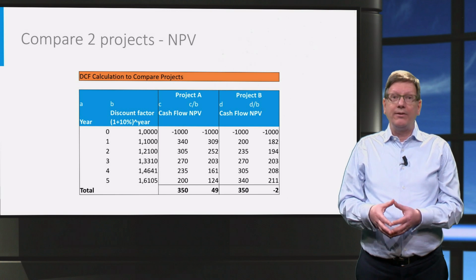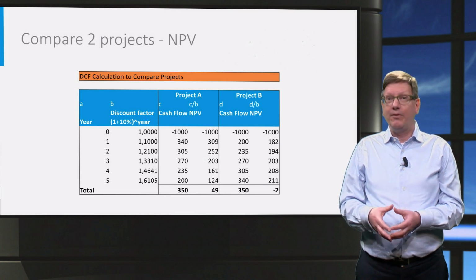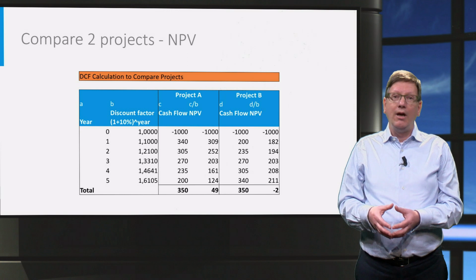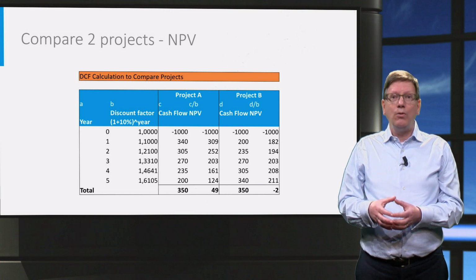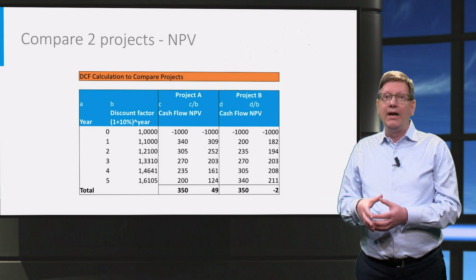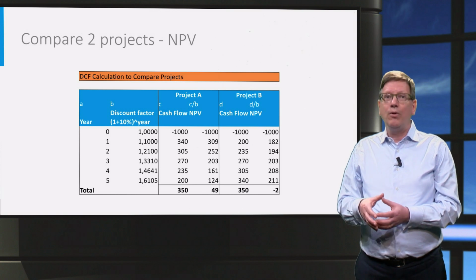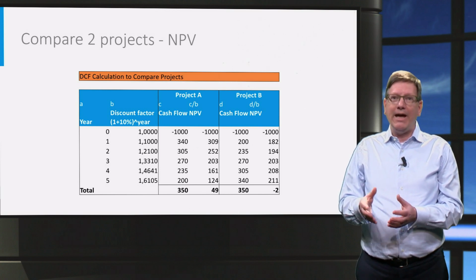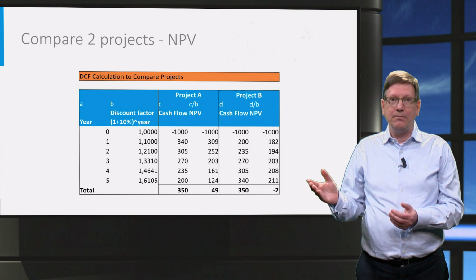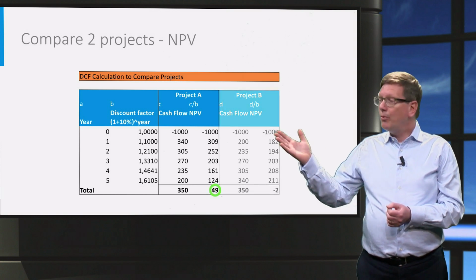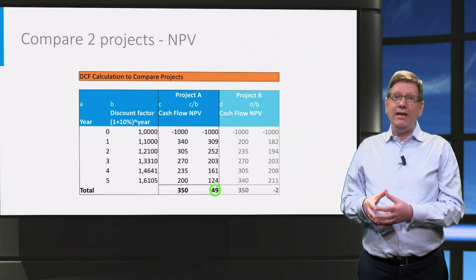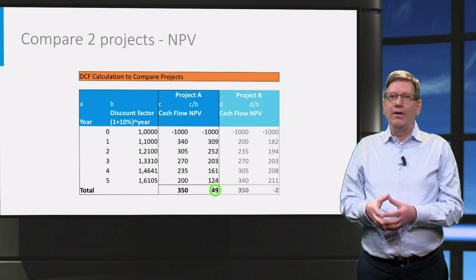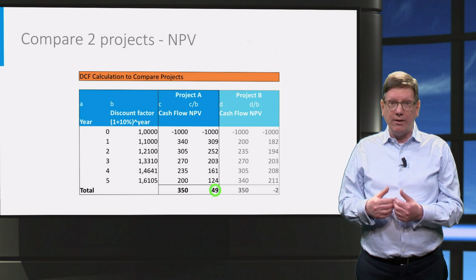We're assuming that the discount rate is quite high for illustrative purposes. We divide each cash flow according to the formula and get the net present value of each cash flow, and then we add them up to get the NPV. Now we see that project A is clearly more attractive because its cash flows come in earlier.